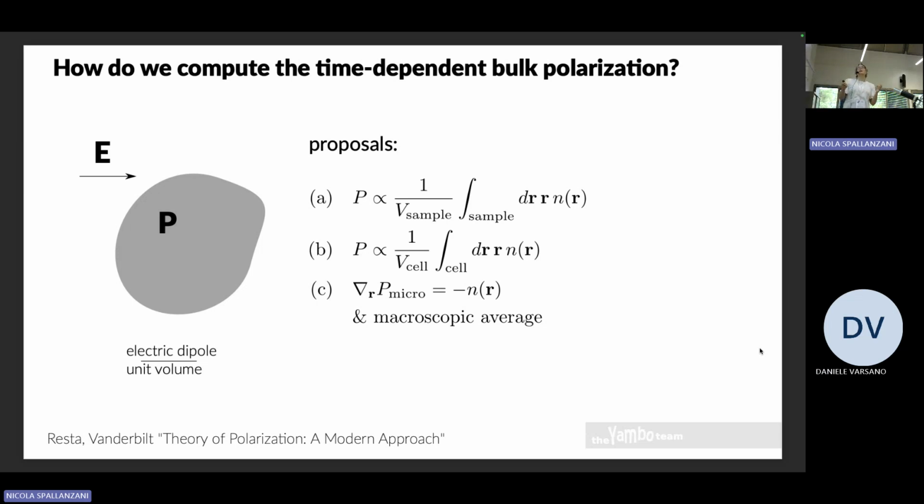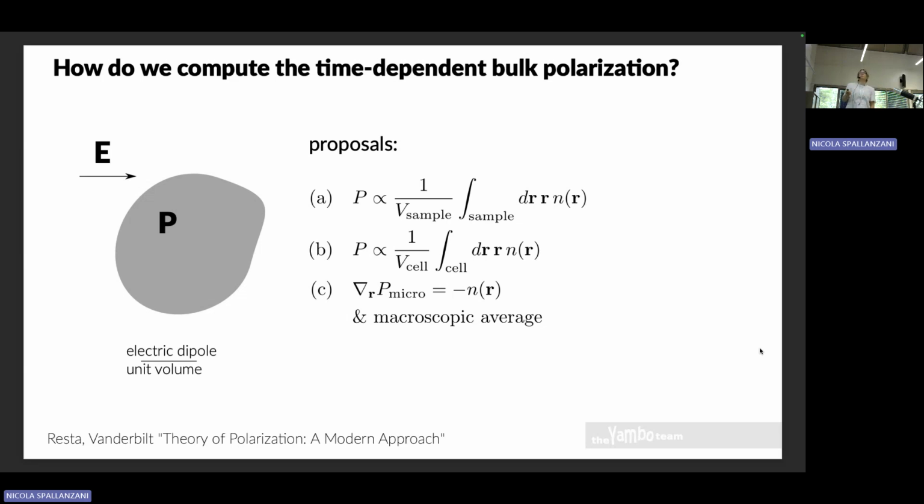If you have a finite sample, still, this won't give the bulk polarization because you will have a contribution from the surfaces. You want the bulk polarization, but you will have the bulk polarization plus this contribution, and this contribution depends on how you terminate your sample, your surfaces.